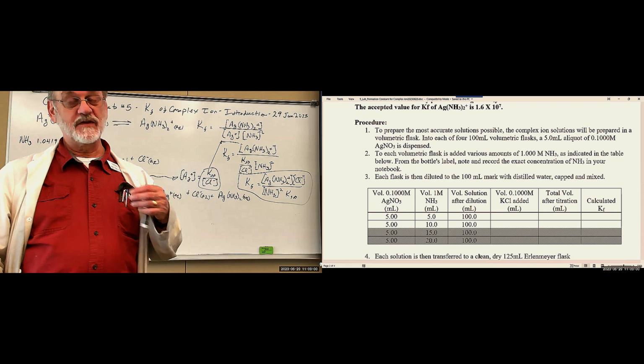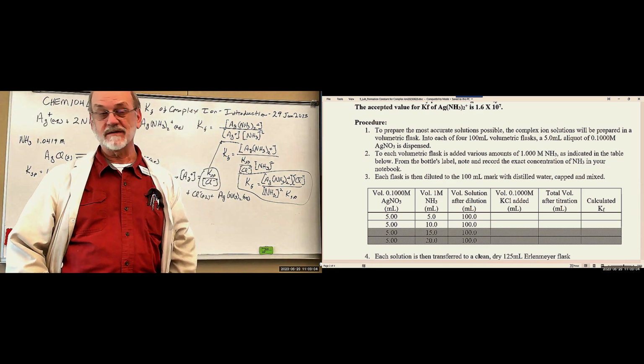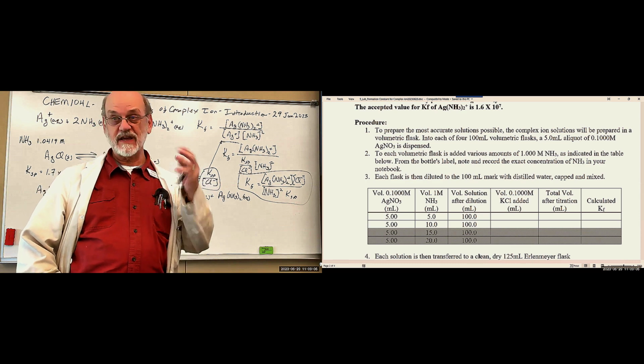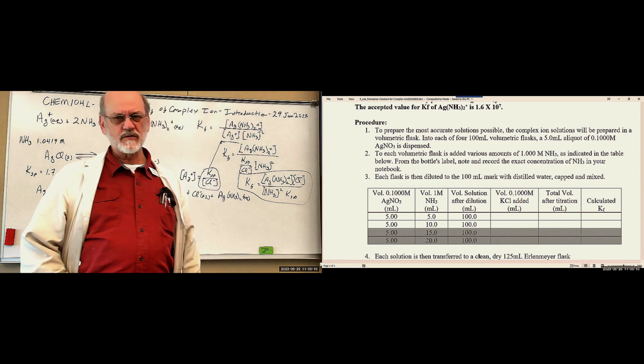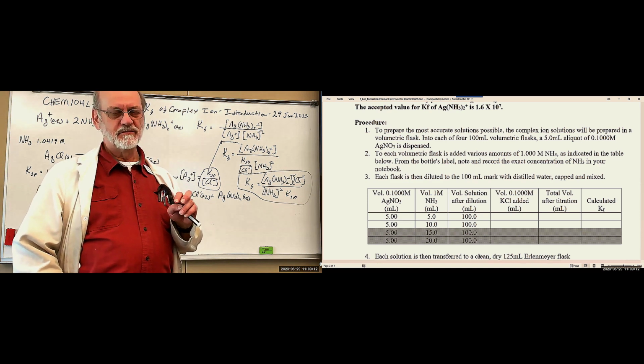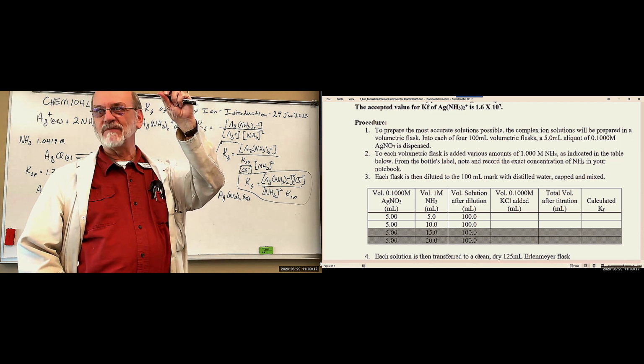And the burette only has divisions of tenths of a milliliter. So you have to estimate between tenths. So there's really more room for error when your volume's only moving that much.